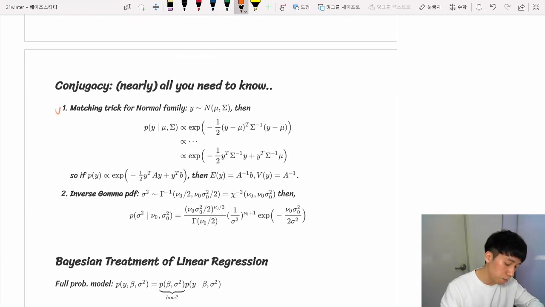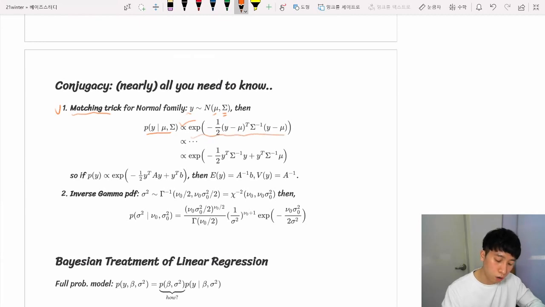First of all is the matching trick for the normal family, right? What it means is like this. Let's say we have a random vector y that follows a multivariate normal with mean mu and covariance matrix sigma, right? If you write the density, and disregard all the constant parts, the inverse and determinant part right here, then you can say that the density is proportional to the exponential term right here.